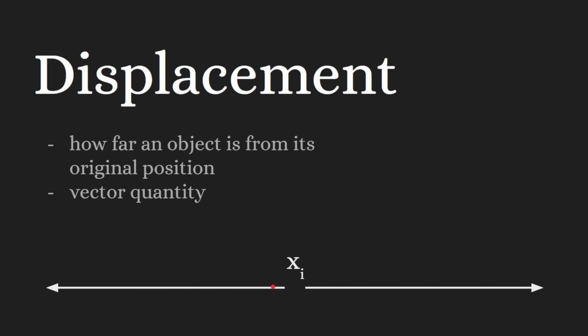Displacement is a vector quantity. Vector quantities have a value, or in this case an amount traveled, and a direction. By a value, I mean like 1, 2, 3, 4, 5, and we signify the direction usually with a positive or a negative. You can see here positive means that the object is going to the right, and a negative means that the object is going to the left.